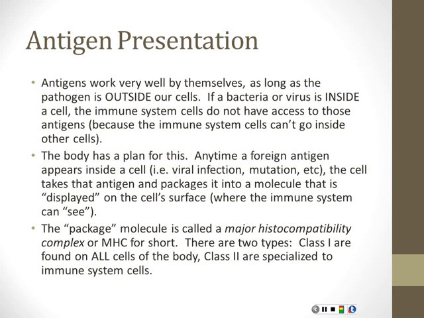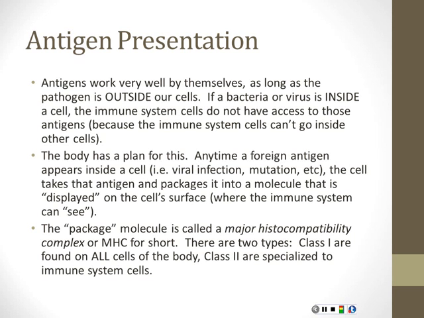So they're highly variable. And without getting into all the details, that variability means that they're an excellent way for the immune system to tell your cells apart from foreign cells, right? So there are two types. There's class 1, and I want you to know this bit, and there's class 2.